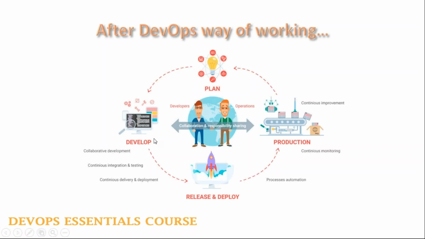But in case of DevOps, once development is going on and production is also going on, that does not mean whatever code you are writing now is going to production. Whatever you have written and tested is what goes to production. You are working on new coding, and at the same time the old code you have written is going to production. Next, planning is done, and release and deployment will be done for the code you have written.